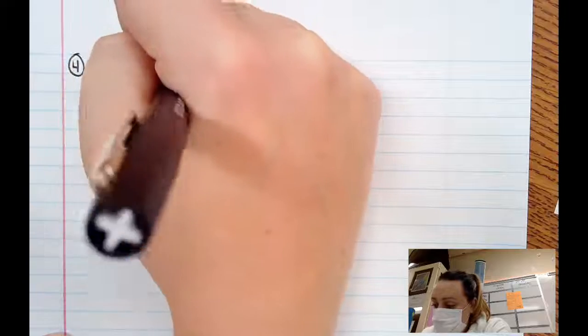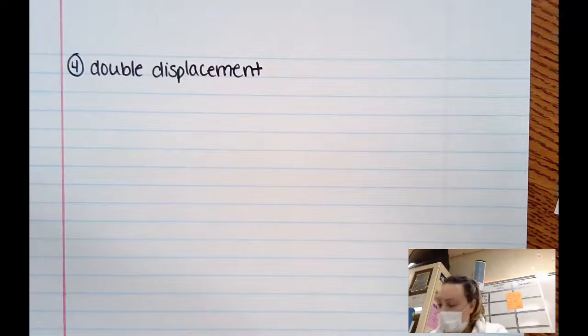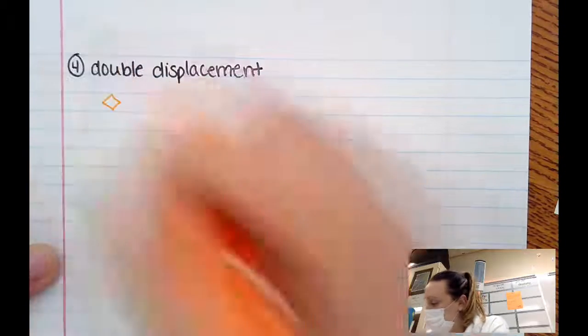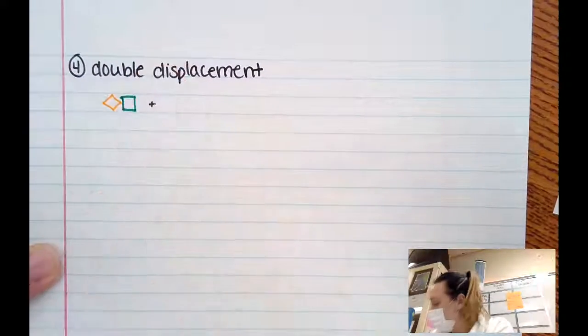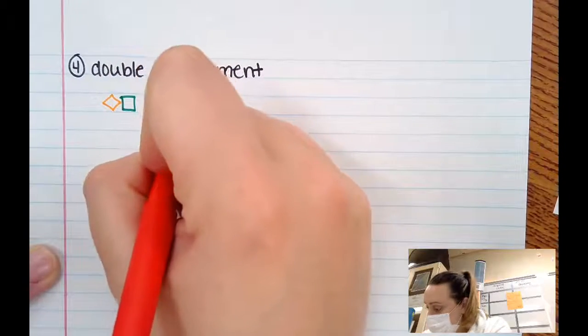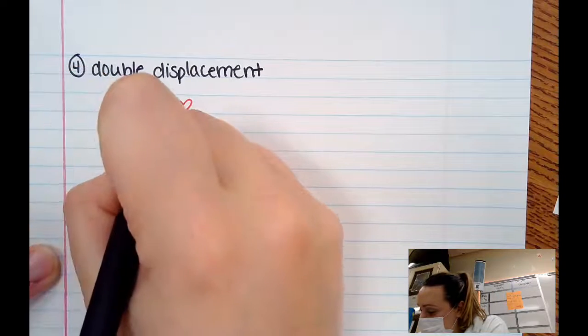Our fourth type of reaction is double displacement. Also called double replacement. And I think you can guess what's going to happen. All right, it does matter which is the positive ion and which is the negative.